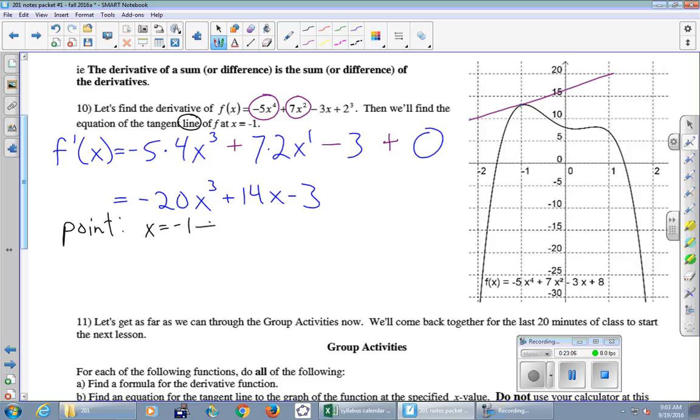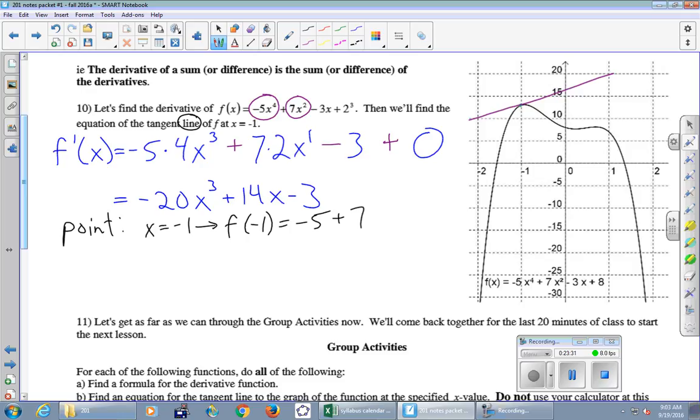So then we need to find f of negative 1. Not f prime, but f of negative 1. Okay, so we're plugging negative 1 into that original formula. I'm just going to skip some of the steps here, but negative 5 times negative 1 to the 4. I think that's still negative 5, right? And then plus 7 times negative 1 squared. That is still plus 7.